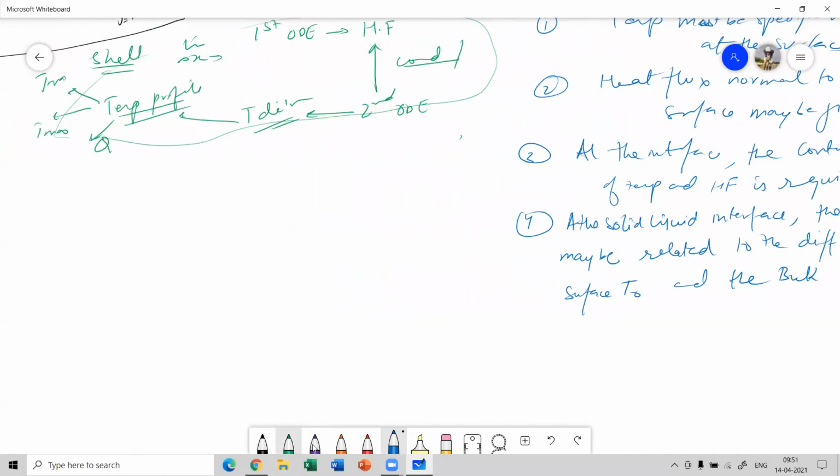For thermal part, the energy balance which we'll be handling is rate of energy in by convective transport.